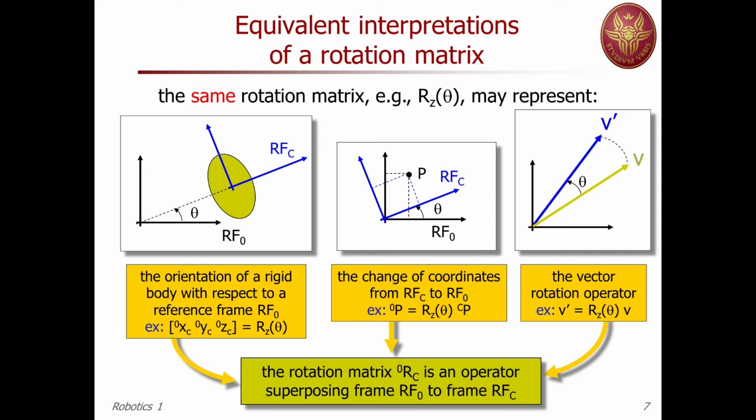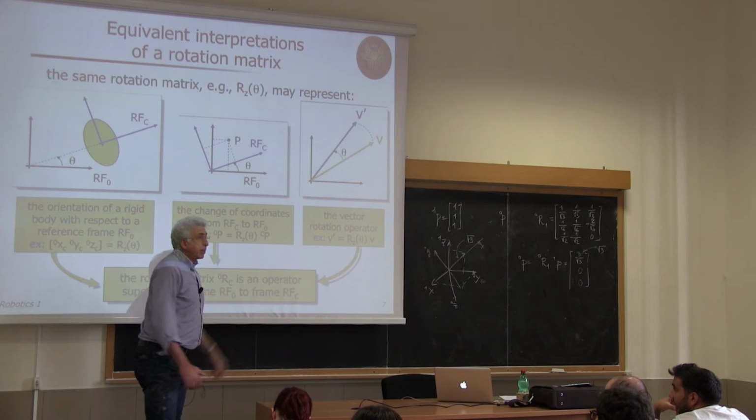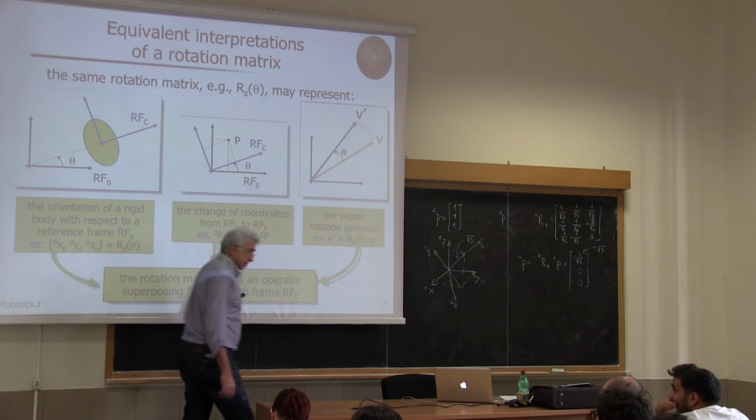Second, to change the coordinates of some vector from one rotated frame to an original frame. Finally, as an operator which rotates vectors, the third interpretation that we have just seen. So all of them are represented by rotation matrices. The name rotation remains even if we are using it for representing orientation, or if we are using it for changing coordinates of a vector.